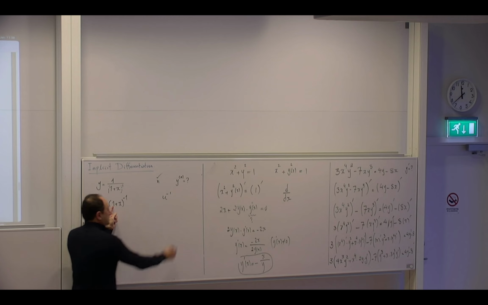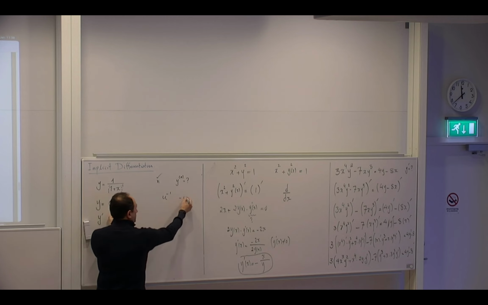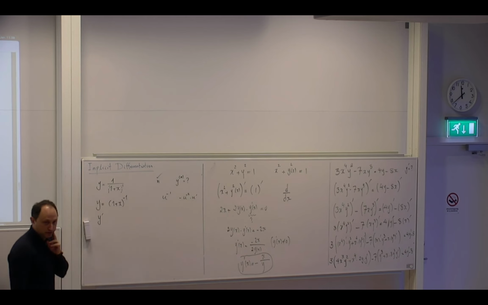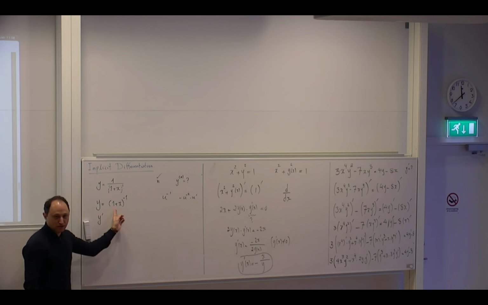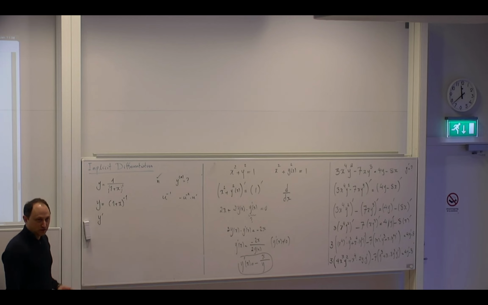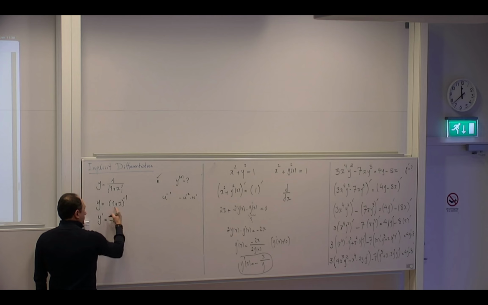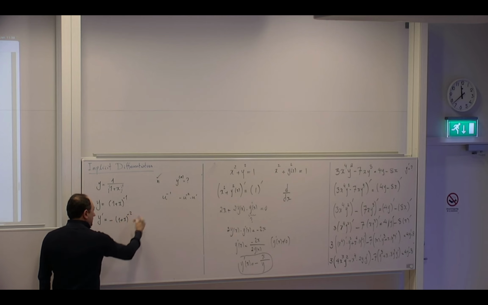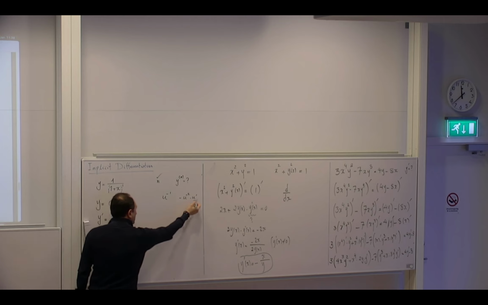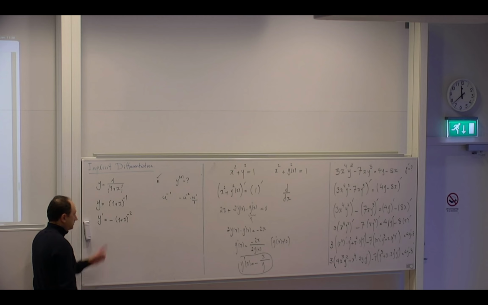The derivative: minus 1 goes down, u to the power minus 2, but I have to multiply by u prime. The good news is that accidentally u prime is 1. So it becomes minus u to the power minus 2 multiplied by u prime, but u prime is 1.